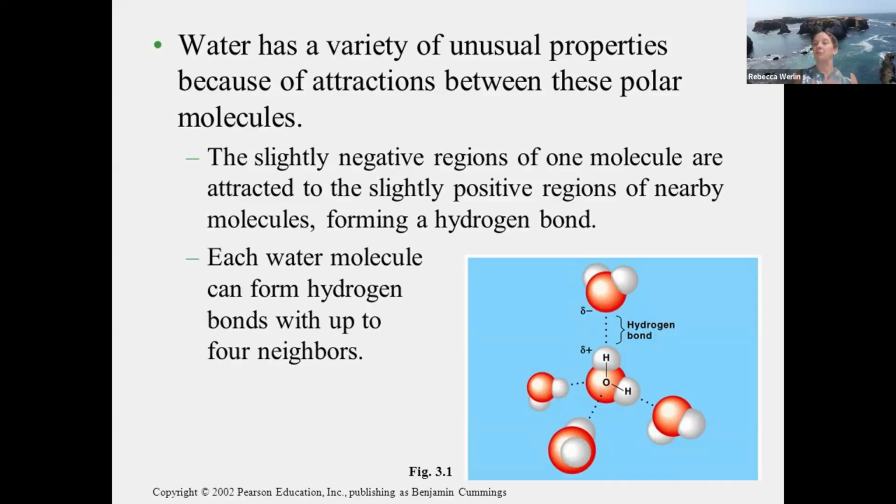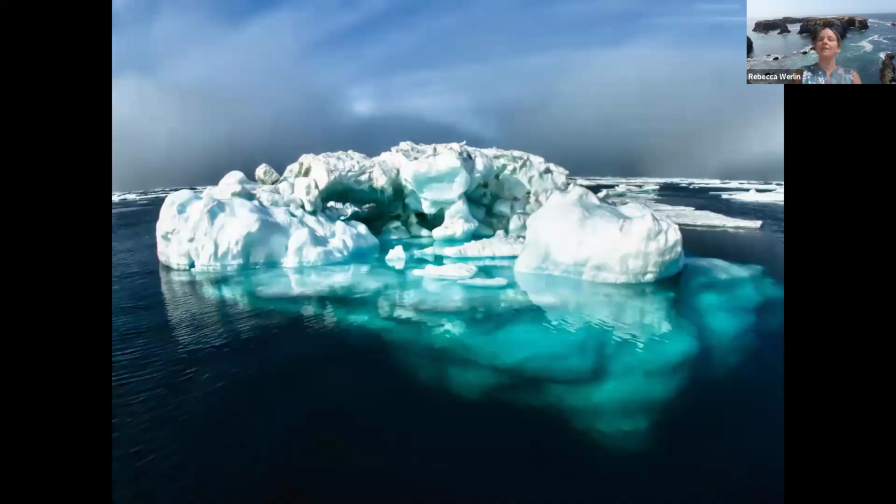But because we have liquid water and because we have energy, those water molecules are constantly moving. And so this will only occur if water molecules are not moving and you've frozen them and you go from liquid water to ice. Now, because of those hydrogen bonds, ice floats. Because of those hydrogen bonds that form due to polar covalent bonds, we have life on Earth. Because ice floats, we have life on Earth. It's really amazing.